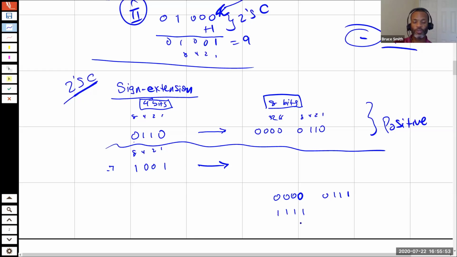Look at how all of those zeros become ones. I'm going to invert all of the bits and add 1 so that this becomes a 1, 0, 0, 1. But all of those zeros out front become 1s.